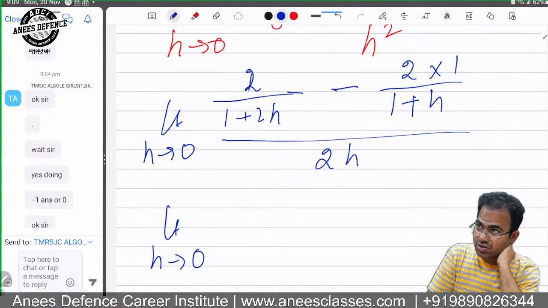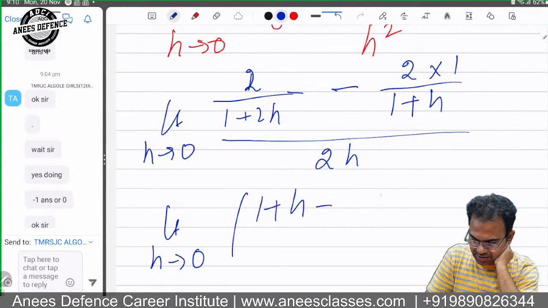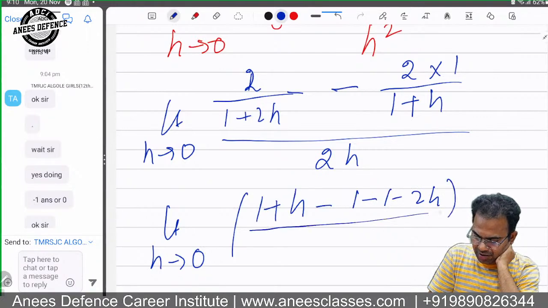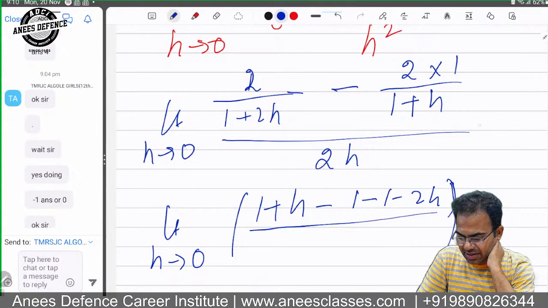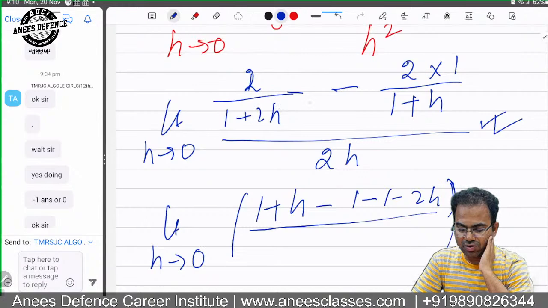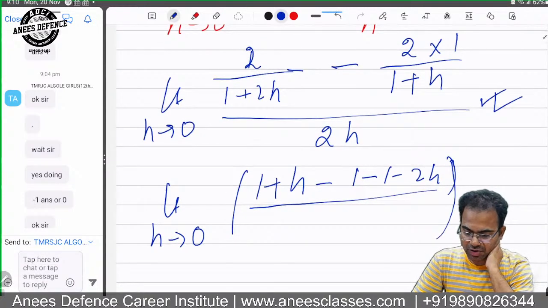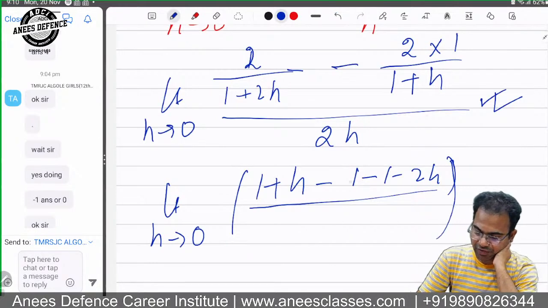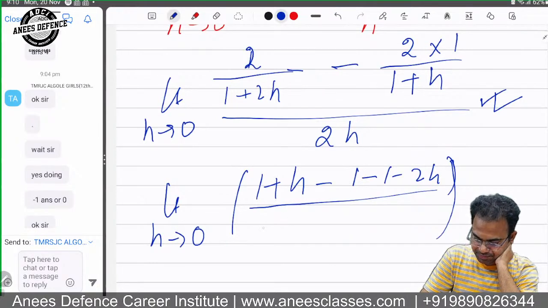Okay. So we will write 1 over 1 plus h, minus 1 over 1 plus 2h, upon h. We cannot put the limit at this juncture, okay? Because if you put 0, you will get 0 by 0 again. So first of all, solve it. I will take the LCM of 1 plus 2h and 1 plus h.